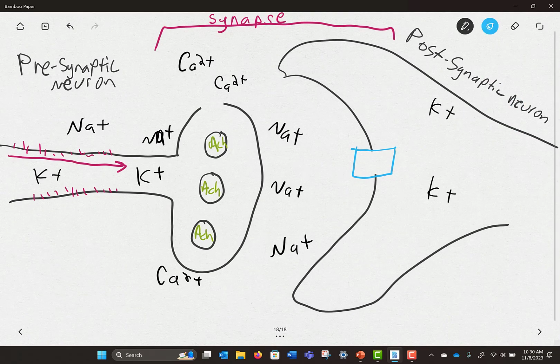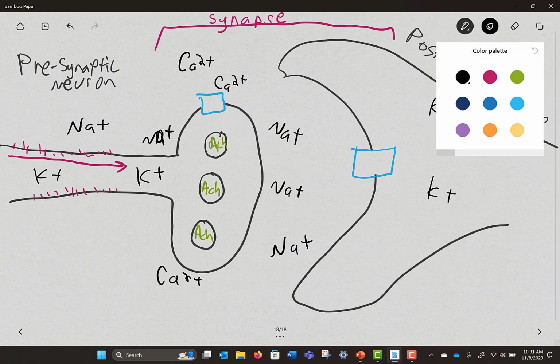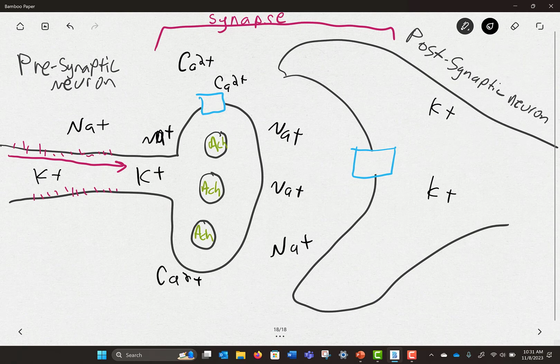There are a few new proteins here that we need to discuss. First, and we still have all of those same proteins, we're just not drawing them all. The first one that we have is this blue one on the left next to the calcium. This is a voltage-gated calcium channel. It opens and closes in response to voltage, just like the voltage-gated sodium and potassium channels did.